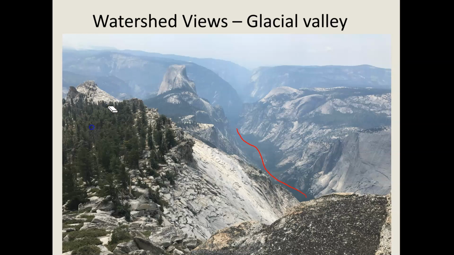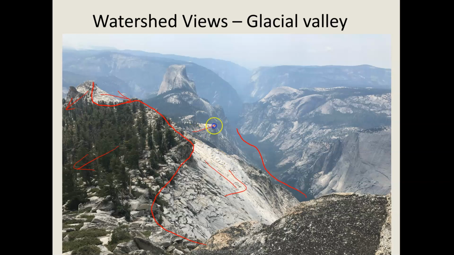So the ridge that separates whether snow or rain goes to Tenaya Creek or the Merced River is essentially right along this ridge line. So this land slopes this way, this land slopes that way. And so I could map that topographic divide like this for lands that slope in different directions.